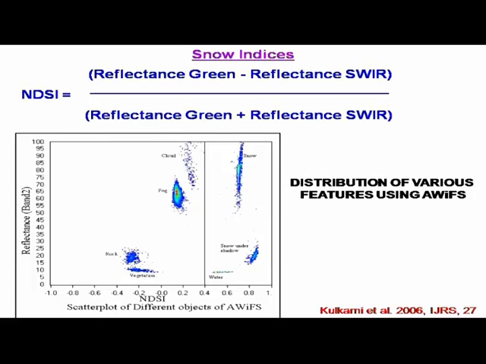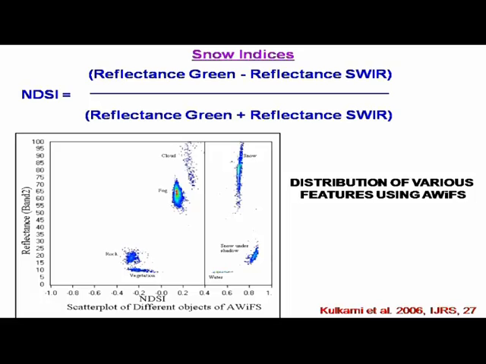And this NDSI, in the case of snow, is the index which can be used for the mapping of snow pixels, and normally there is a threshold value of 0.4 for the mapping of snow cover.